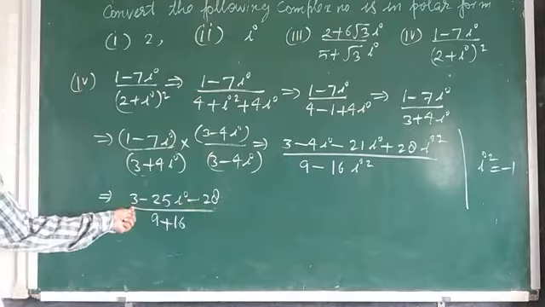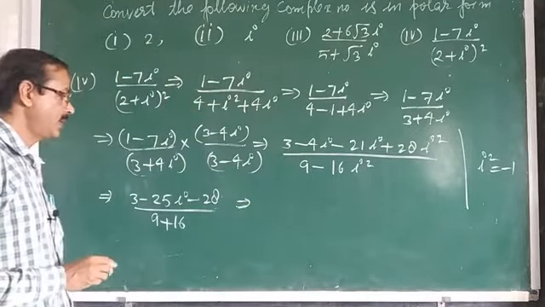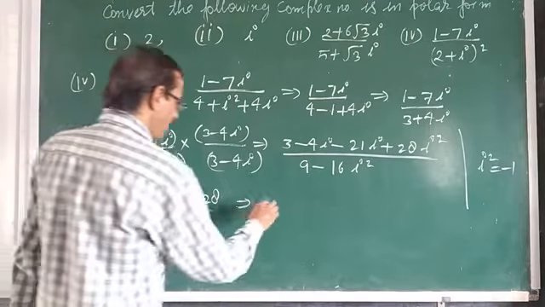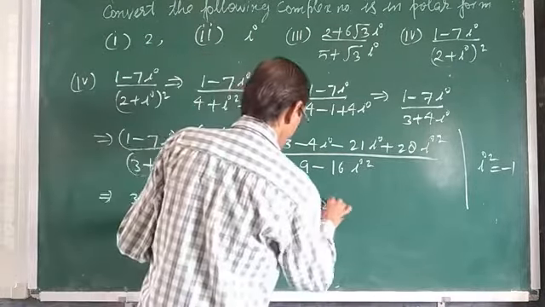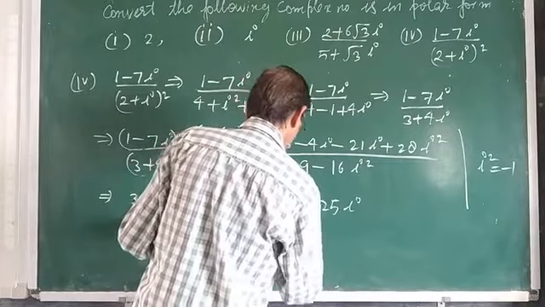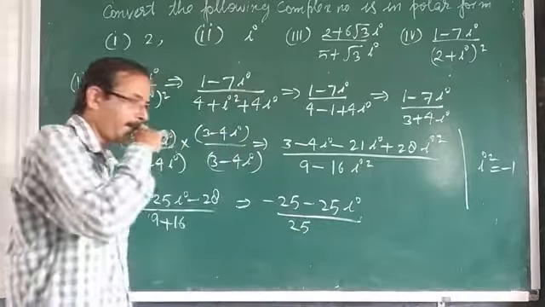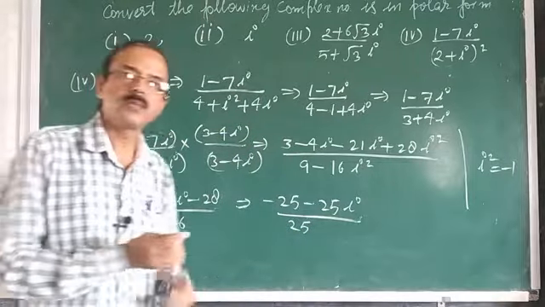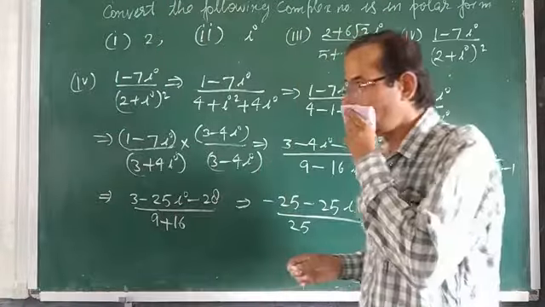28, 3, what will be? That will be minus 25 and minus 25 iota, overall upon 25. Yes. Now what will we do?